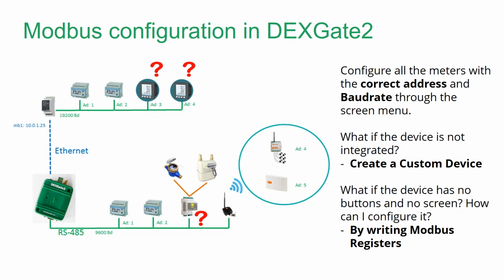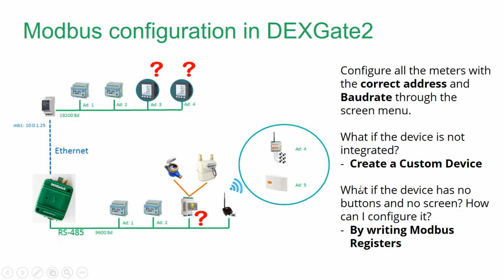So what is the first thing I have to do to configure a Modbus network? Configure all the meters with the same baud rate in a bus and all the meters with different addresses. But if I have a device with unknown buttons and no screen, what should I do? What if my device is not integrated into my gateway?